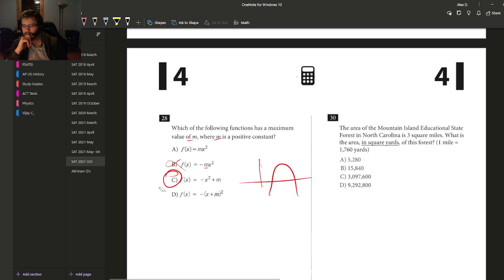Why that one? This is basically the y-intercept at that point. If we FOIL this out, we'll get x squared plus 2mx plus m squared, all with a negative leading coefficient. So that becomes negative, negative, negative, and that has a y-intercept at negative m squared.